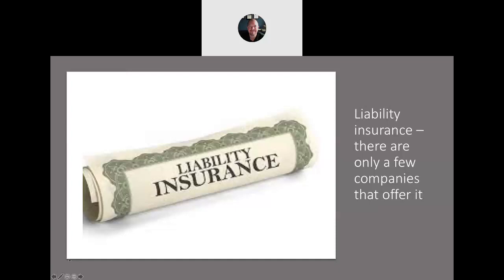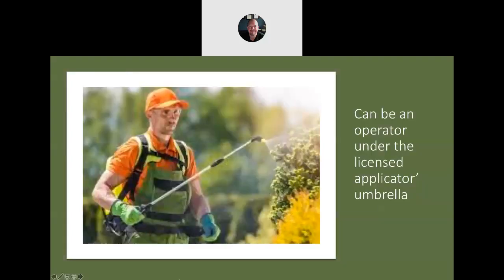So it's something that you want to make sure that you have the rider that specifically addresses chemical applications on your insurance. So again, I said this a moment ago, you can be just an operator under a licensed applicator umbrella. Back in the day when I used to work in landscaping and sprayed trees and everything else, I had my operator's license. So you basically go through the same steps to get that as you would as an applicator.